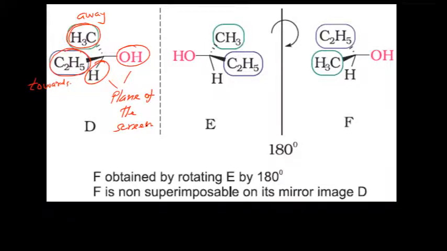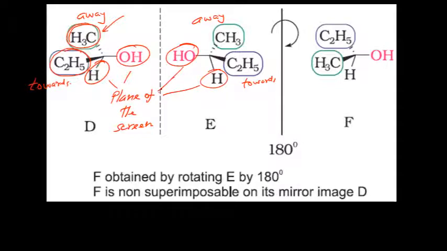Now see the mirror image. In the mirror image, OH will be on the left hand side. The methyl group was away from us, and it will be away from us in the mirror image. The C2H5 group will be towards us because it is just the mirror image. In a mirror image, it is not rotation. And hydrogen and OH will be in the plane of the screen.